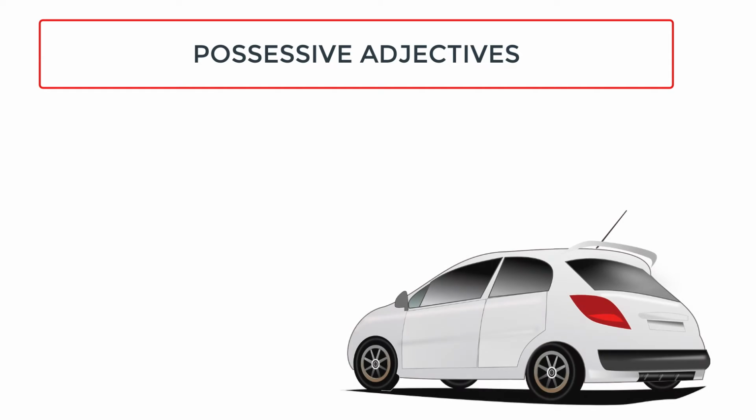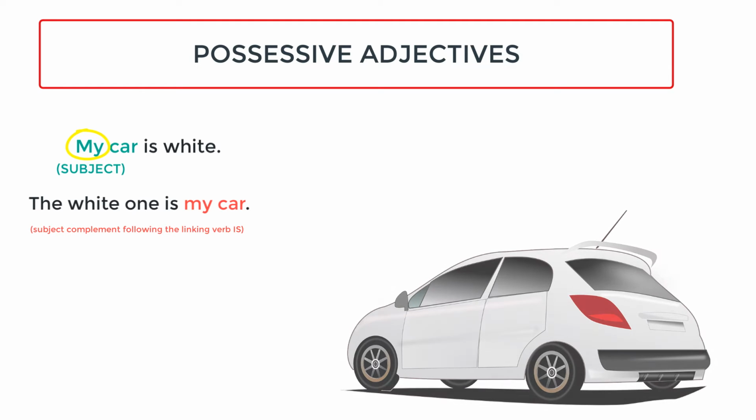Let's contrast this with the possessive adjective. We'll use my. Let's stay on the subject of the car. My is the possessive adjective modifying car. As the subject, my car is white. As a subject complement, the white one is my car.